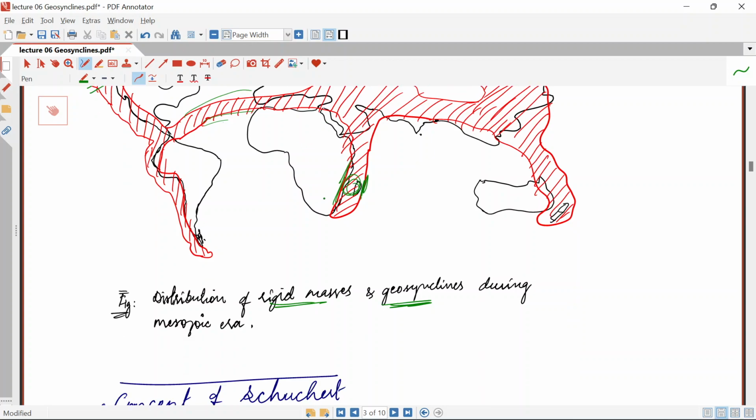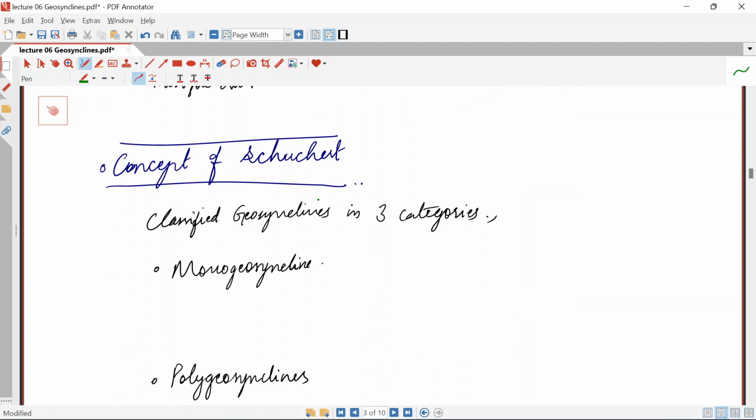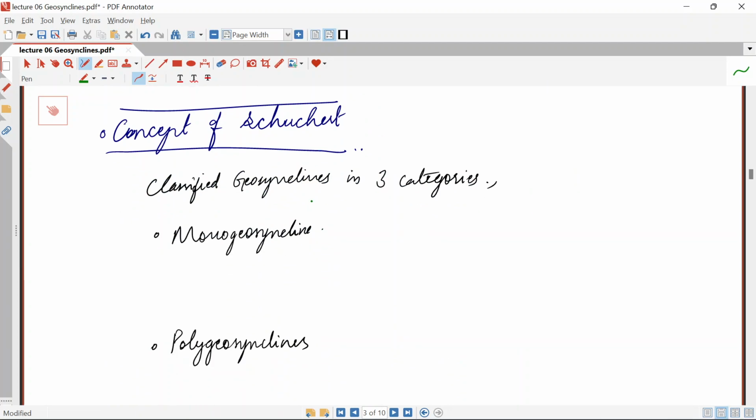And next we'll see the concept of Schuchert. Schuchert classified geosynclines into three categories. The first category is the monogeosyncline. Monogeosyncline is the formation of mountains through the geosyncline in a single action.